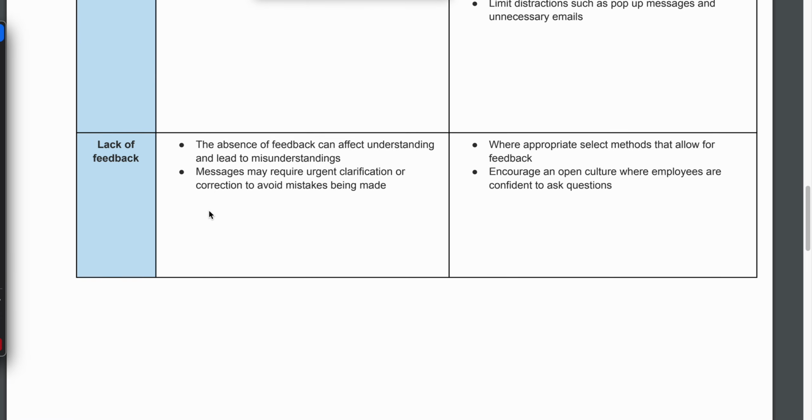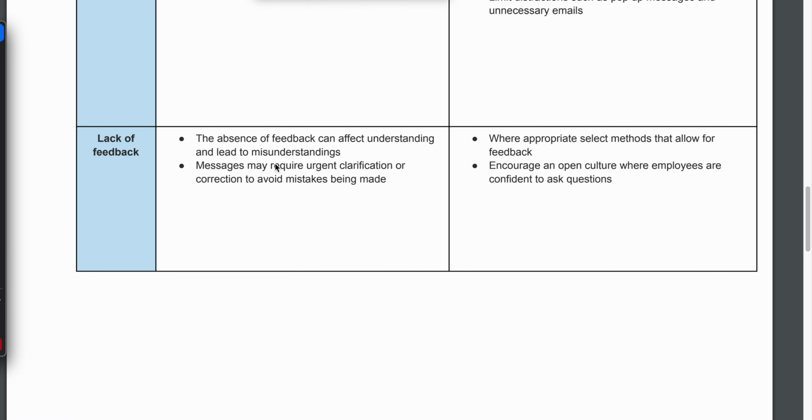Then if we talk about the lack of feedback, we're saying that the absence of feedback can affect understanding and lead to misunderstanding. Messages can require urgent clarification or correction to avoid mistakes being made. If A is sending a task to B, B needs to understand exactly what A is saying.